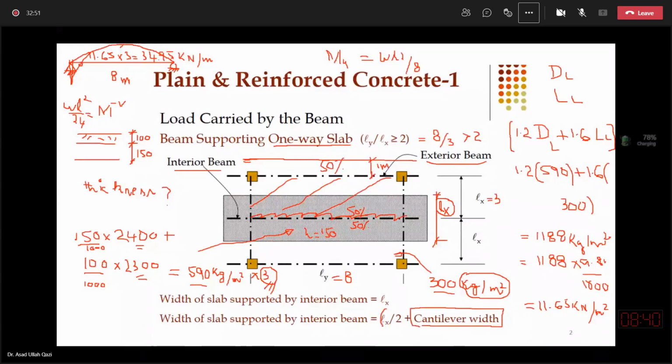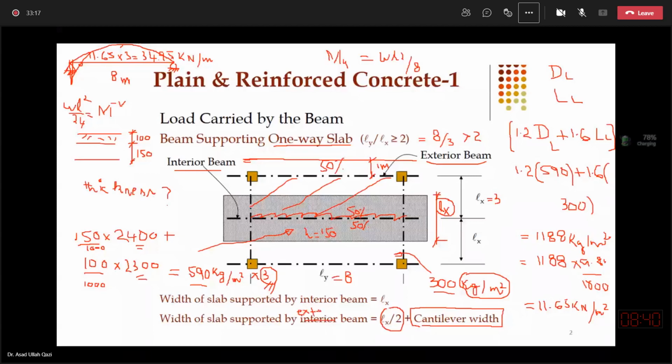Actually, at the moment we are working on the calculation of the transverse width, which will be multiplied with the ultimate pressure. So for the edge beam, sorry, this should be the exterior beam, not interior.